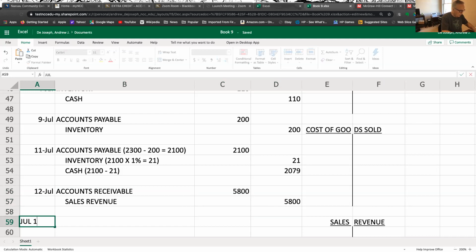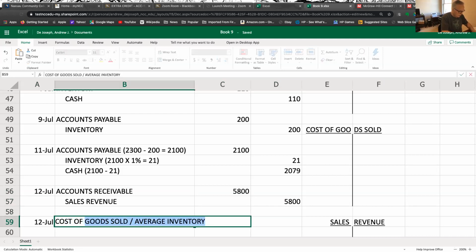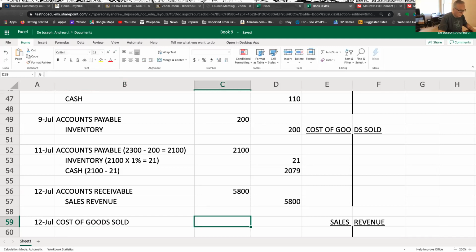And also on July 12th, debit cost of goods sold. That was $3,000.